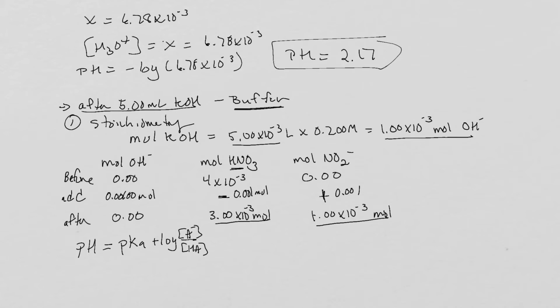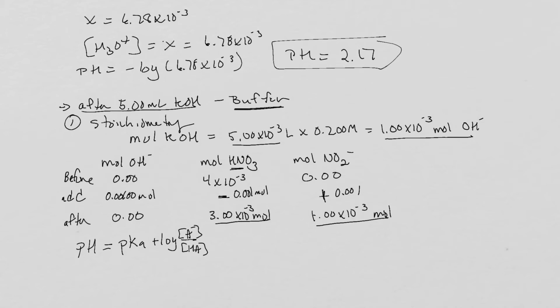Now, a little shortcut here. Right here we have moles, and this is not molarity, but this equation calls for molarity. We can convert these into molarity by dividing by the volume of our solution.